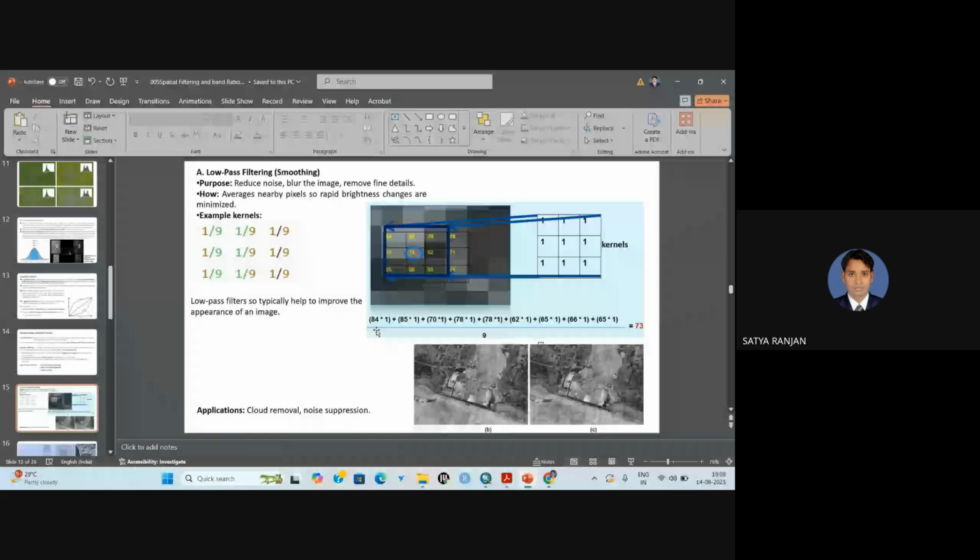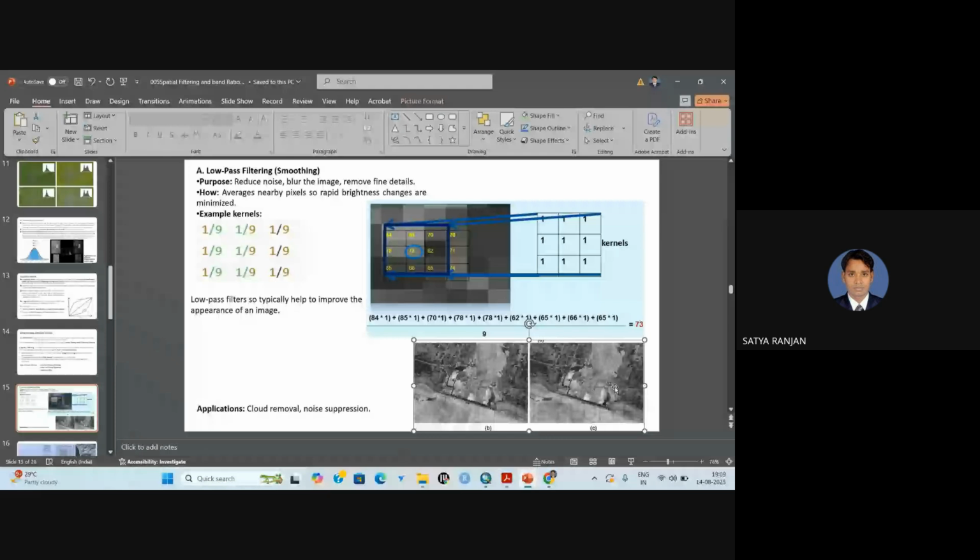Suppose we have a water body. Most water bodies look like a dark tone in the satellite image. Suppose one, two, three pixels are giving a brighter tone in the water body. That is an error in the pixels.